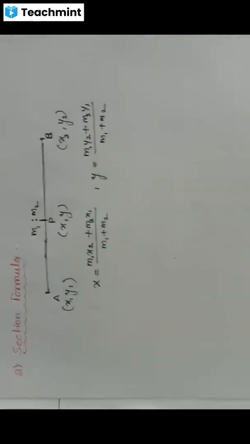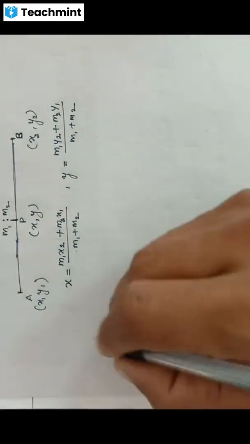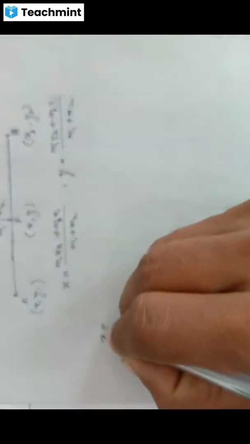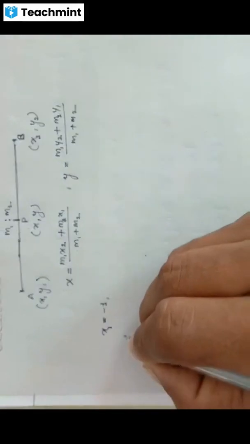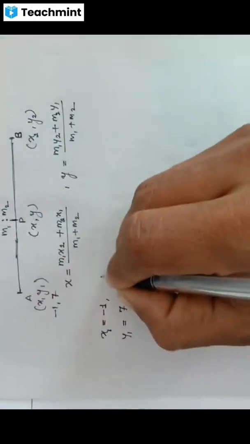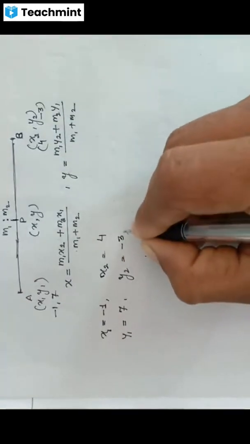So we will take one example of this section formula. Suppose x1 is -1 and y1 is 7, so it is -1 comma 7. For x2 and y2, we take x2 as 4 and y2 as -3. And m1 to m2 is 2:3.